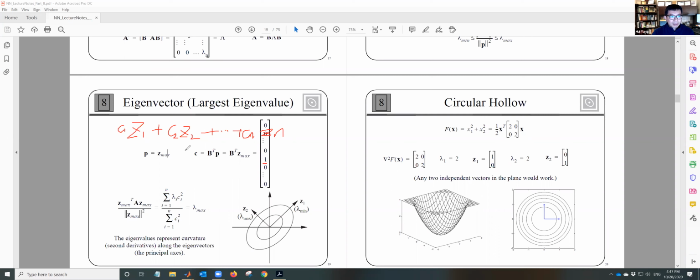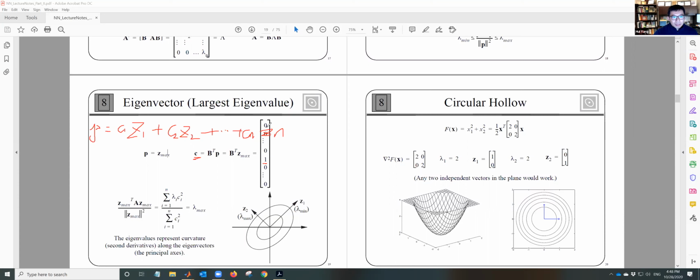So that's why any vector P can be represented as the combination of all the basis vectors. Here you are using the eigenvector as the basis vectors. Now, this C vector is bold, right?